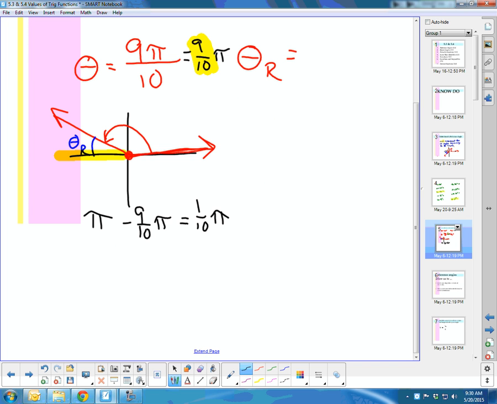Or conversely, you could say that 9/10 pi plus 1/10 pi radians is pi radians, to complete the semicircle there. Either way, the reference angle for 9 pi over 10 radians is 1 pi over 10 radians, or just simply pi over 10 radians.